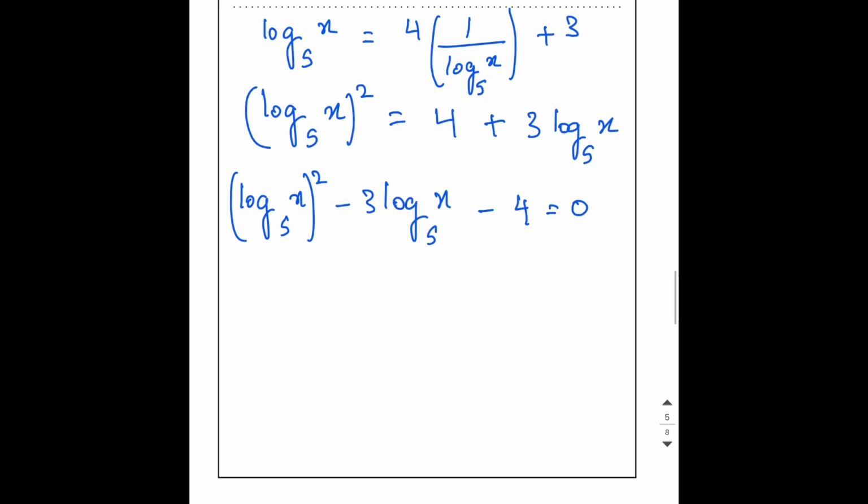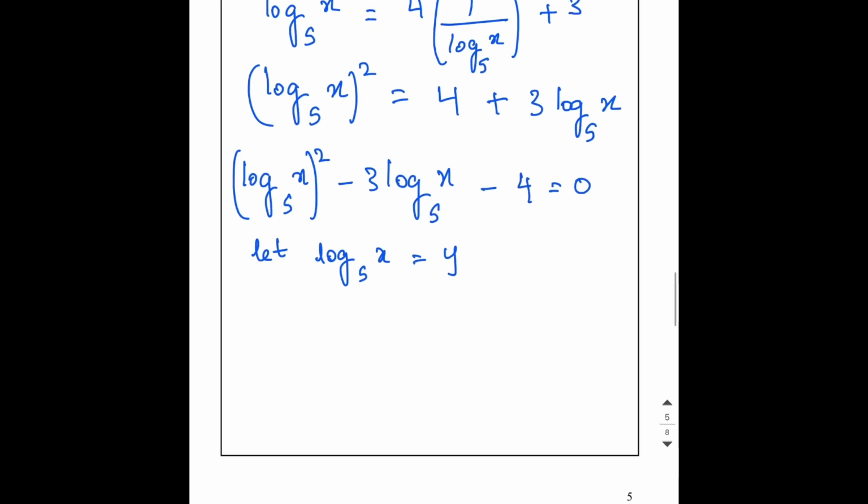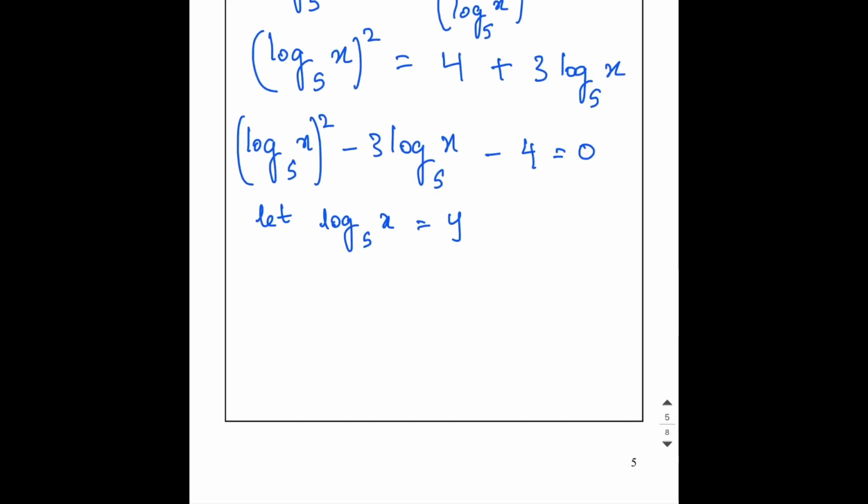Now next, let log base 5 of x be equal to some y. Now I'm going to plug that in here. So that means this equation would become y squared minus 3y minus 4 equals 0.